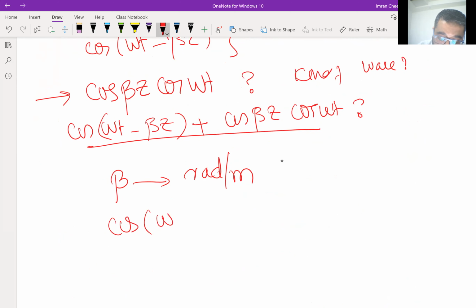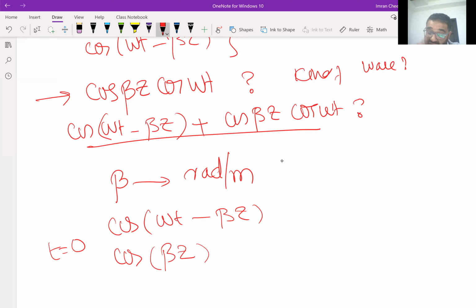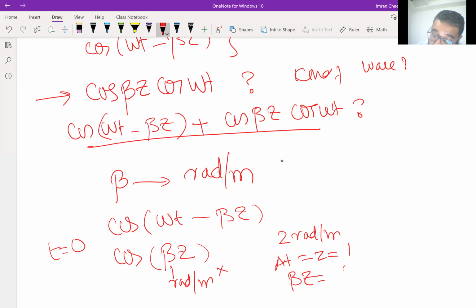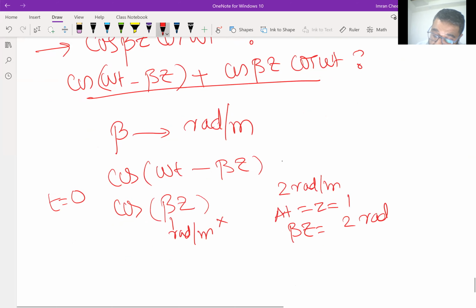So omega t minus beta z is a forward traveling wave, and let's say at an instant of time, obviously time is changing, I'm seeing this cos beta z. So this is in units of radians per meter. If I multiply, as an example, I take beta as 2 radians per meter, a number I shot out. So at z equal to 1, my beta z is what? 2 radians.